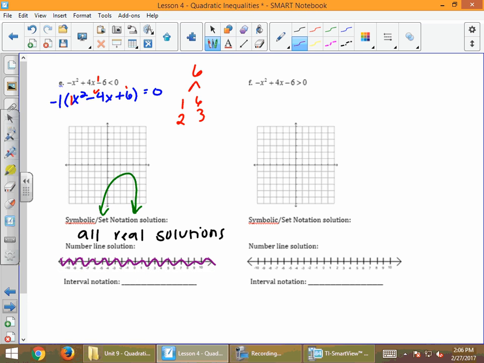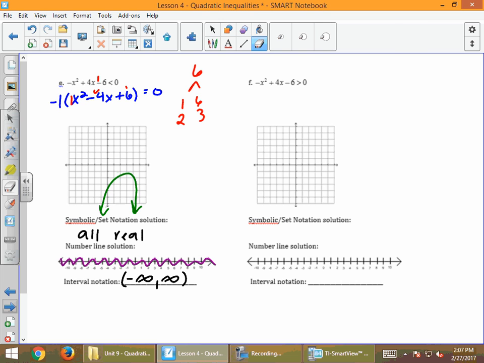How would we write this in interval notation if every single value works? All the numbers would be a better word to use here.